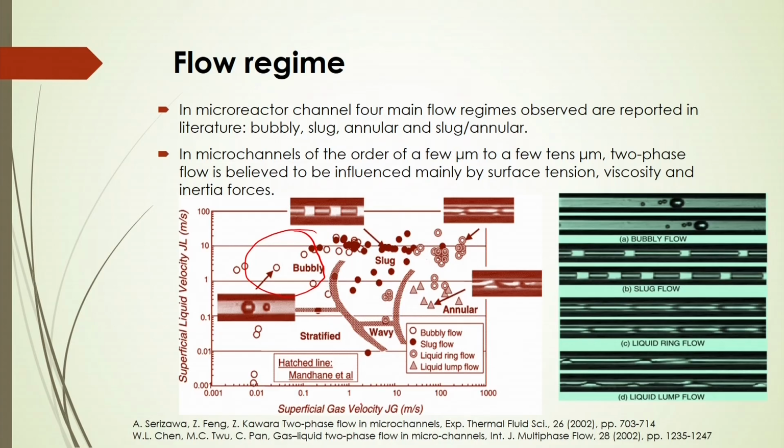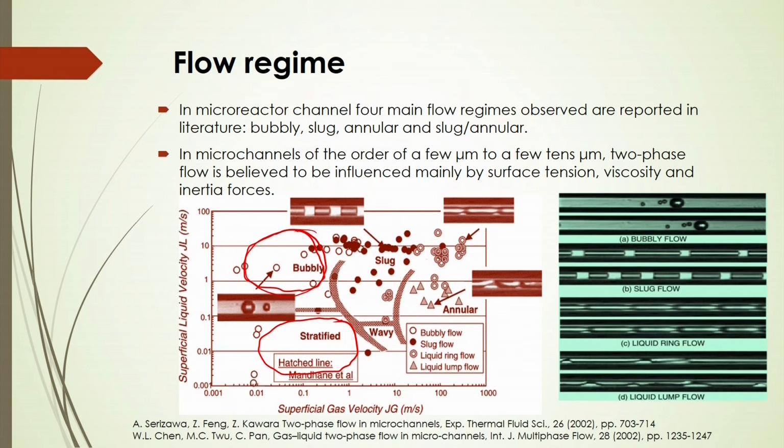If you increase the superficial gas velocity and accordingly the superficial liquid velocity as per this scale, then in this region you can get bubbly flow, whereas you can get stratified flow in this region. Stratified flow means one fluid flows over the other, the lighter density fluid flowing over the higher density liquid.